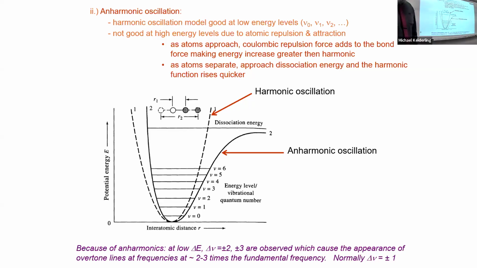But you don't need to deal with the actual anharmonics. You sometimes get delta v of plus or minus 2 or 3, which you observe as overtone lines.